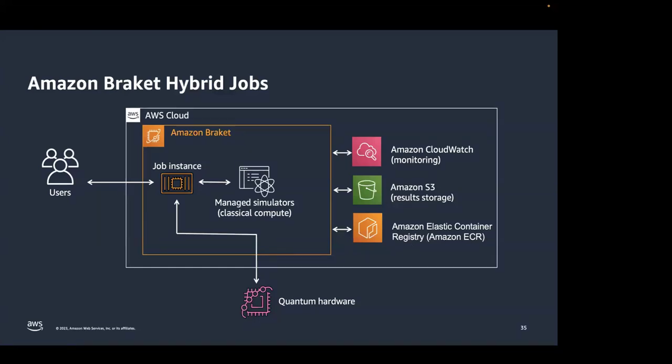So the idea here is that when you run Amazon Braket hybrid jobs, you can containerize the entire algorithm, right? There are three different kinds of containers already provided for you: one is a basic container, one based on PyTorch, and one based on TensorFlow.